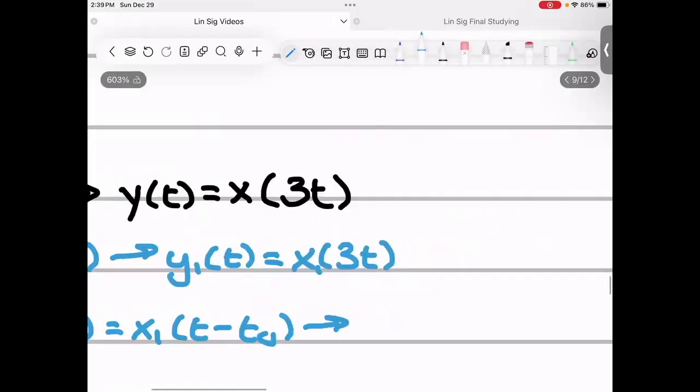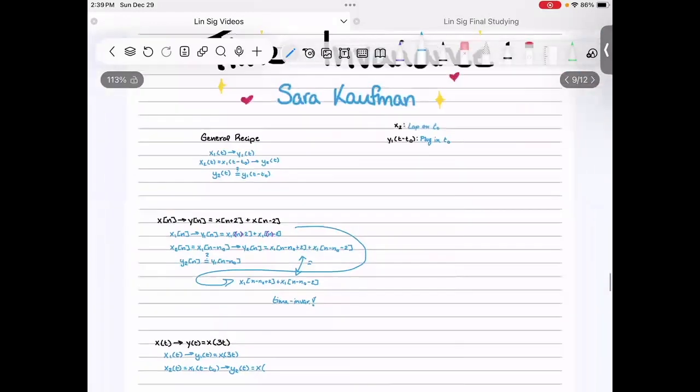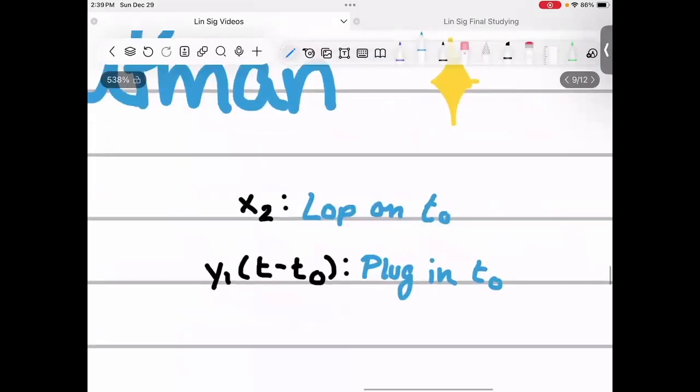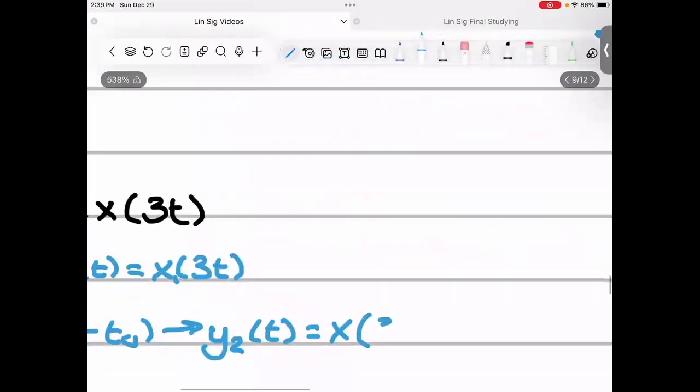And that gives us y2 of t, which is equal to x. Okay, so this is where that plug-in versus lop-on comes into play. Right now, we're just going to lop on a t naught because we're solving for x2. So x1 of 3t, and then just lop on that minus t naught.